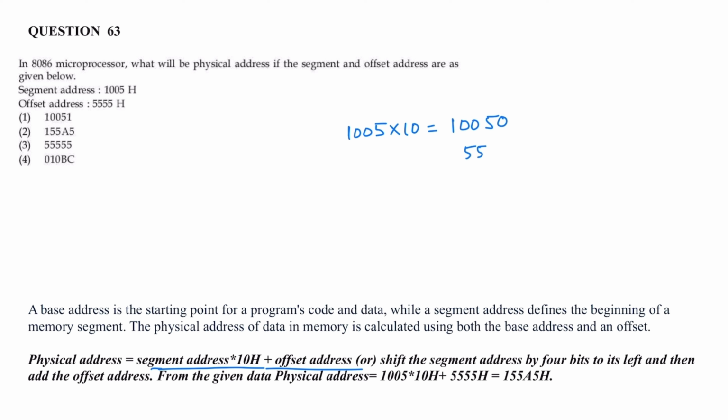So hexadecimal addition gives 155A5. 155A5 is a 20-bit physical address. Correct option is 2. Physical address is calculated by adding the segment address to the offset address.